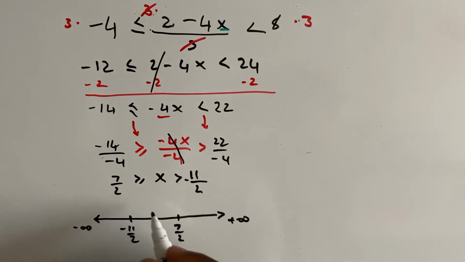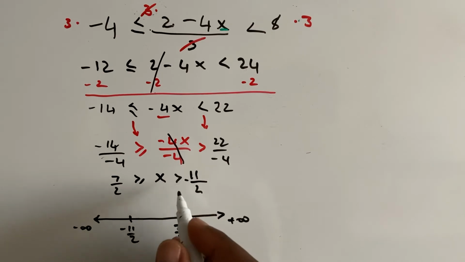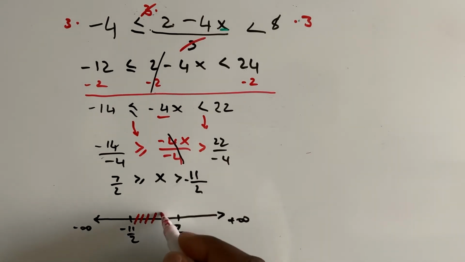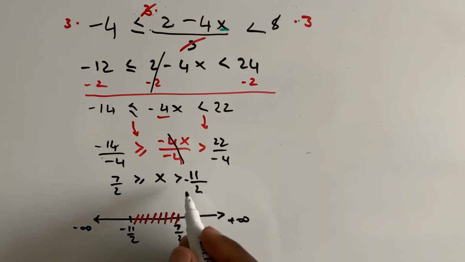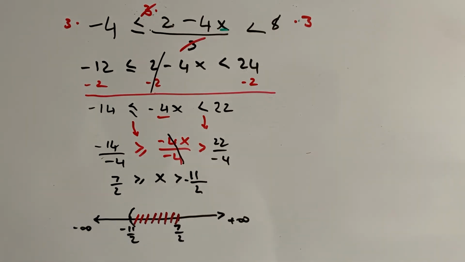Now, on negative 11 over 2, it's a strict inequality. There's no equal here. So I know I'm going to have to use parenthesis. By the way, x is between these two values, so the answer must be right here in the middle. And again, on negative 11 over 2, there is no equal, so I have to use parenthesis, as I explained from my previous video.